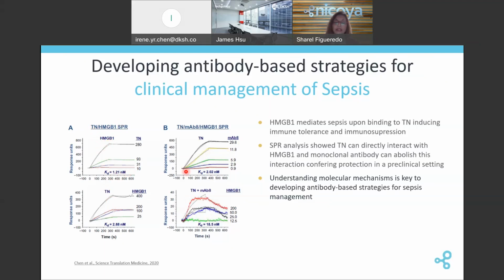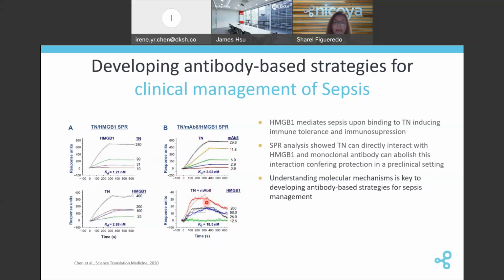They then screened several antibodies, both monoclonal and polyclonal, against tetranectin and identified monoclonal antibody 8 that bound very tightly with tetranectin. Then in the presence of this MAB8, they interacted HMGB1 with tetranectin, evaluated by SPR, and found that this interaction was abolished.